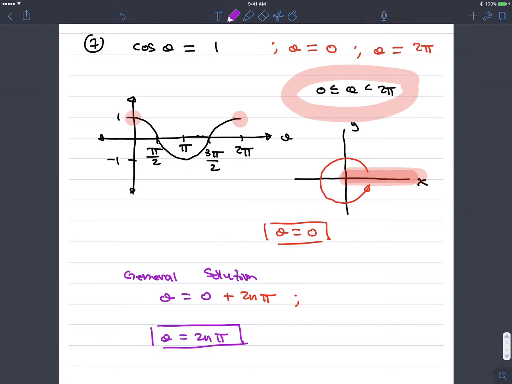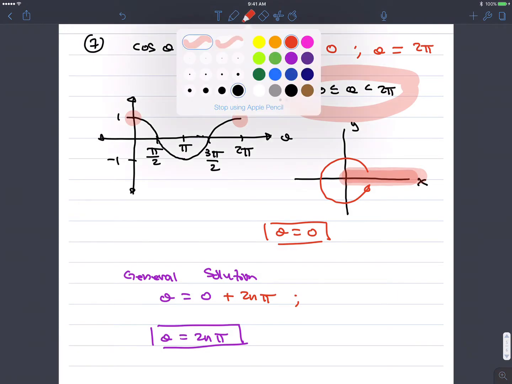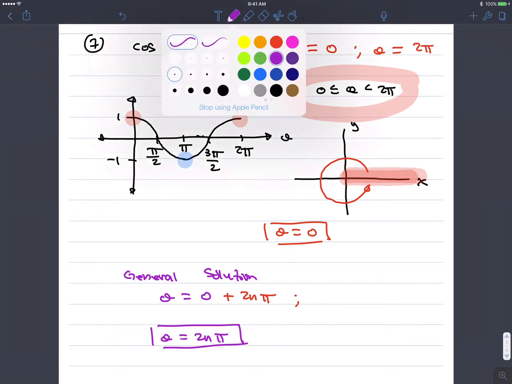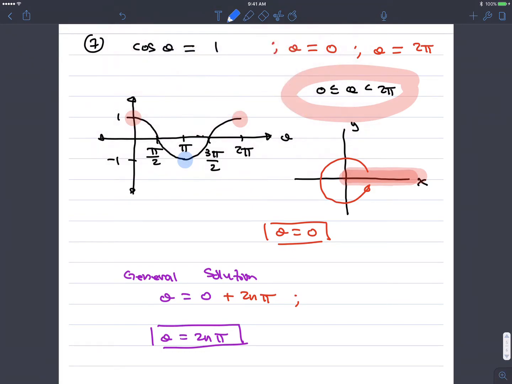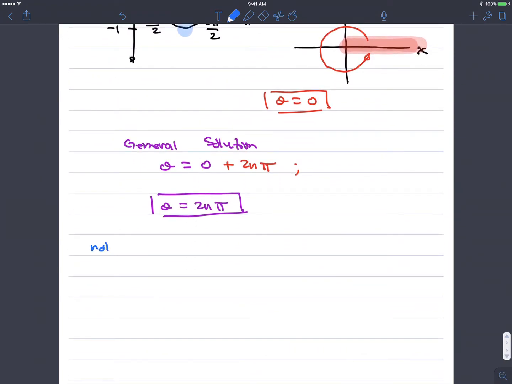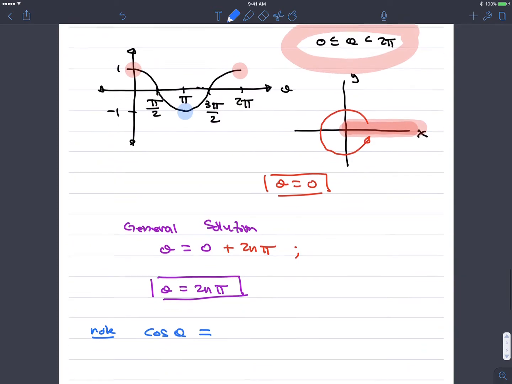Let me toss in this other angle here. Let's change the color, maybe blue or something. What's the trig equation now if I change this? Let's keep that in blue. Note that cosine theta would be what value now? -1?